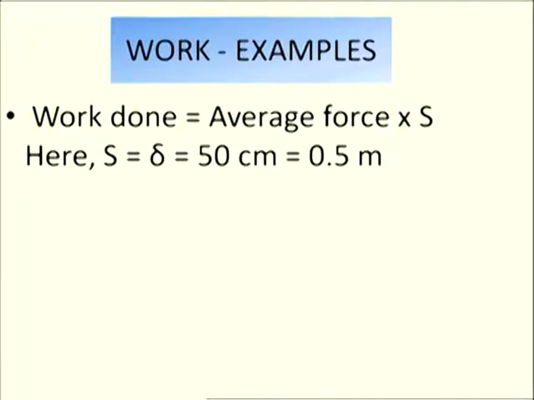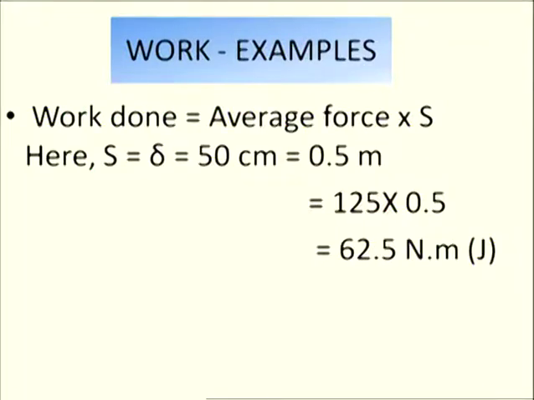So work done is nothing but average force multiplied by displacement. Here delta is equal to 50 centimeter, that is 0.5 meter, and average force is equal to 125 Newton. So total work done is equal to 62.5 Newton meter, that is 62.5 joule.